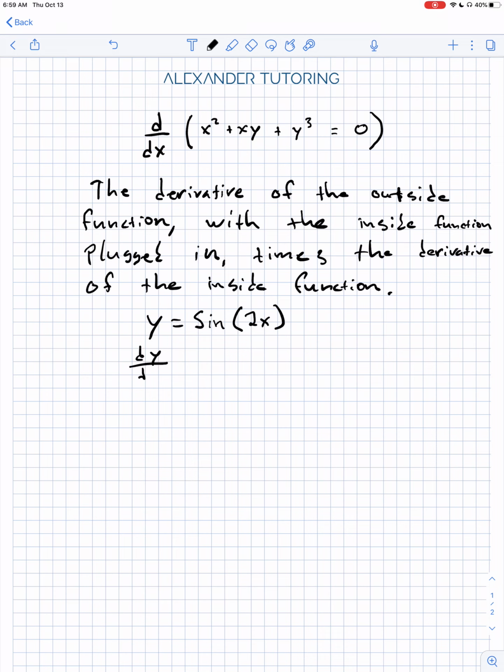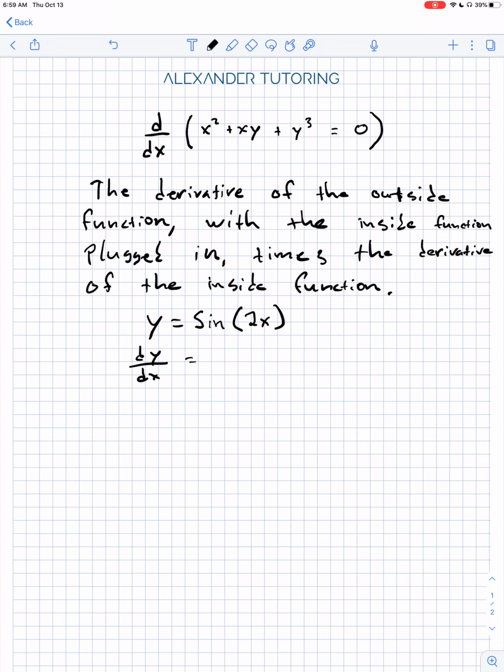We think of it as a composite function, one function plugged into another. The outside function is the function that has something getting plugged into it, and the inside function is the thing getting plugged in. In this case, the inside function is 2x, which is being plugged into the outside function sine. Does that make sense? If you plug 2x into sine, we get sine of 2x.